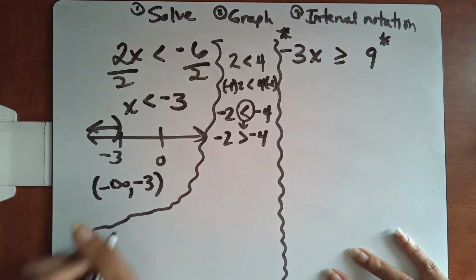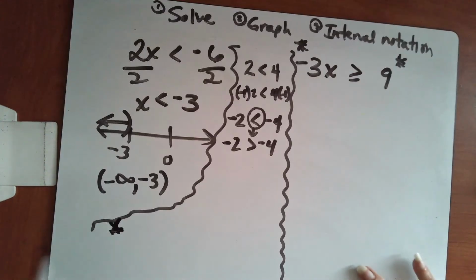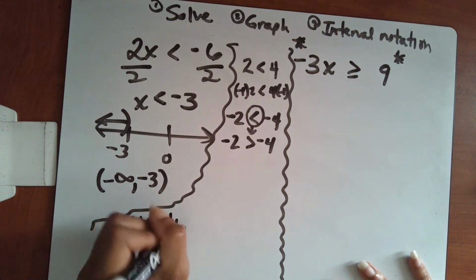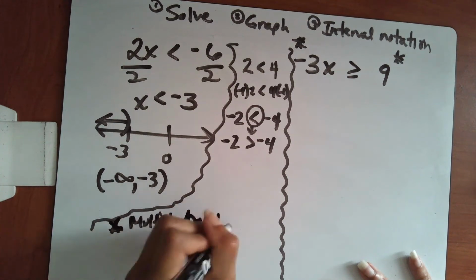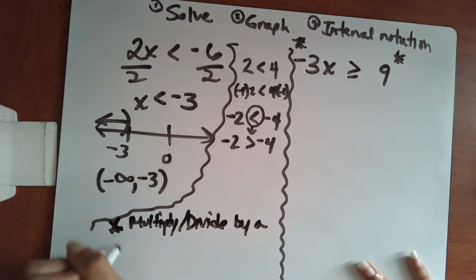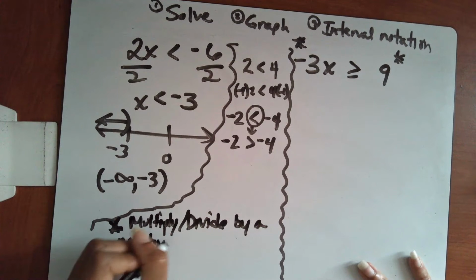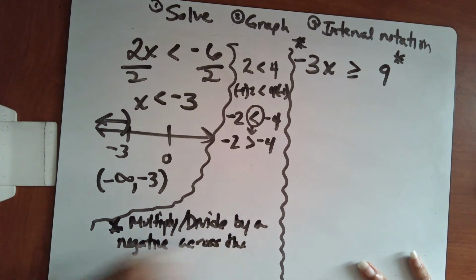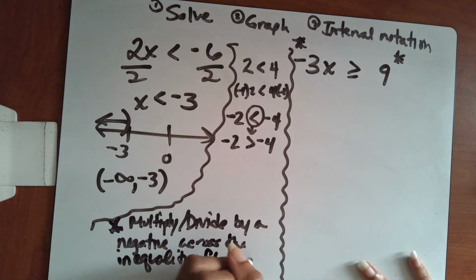So what is your rule? Your rule is multiplying or dividing by a negative across the inequality flips the sign.